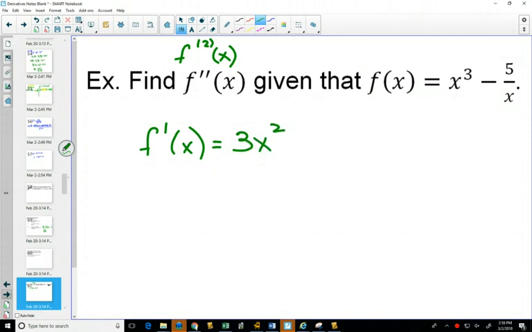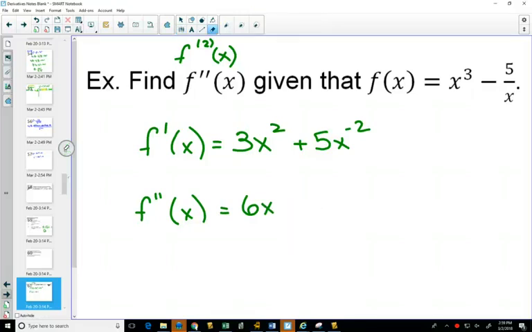So if we did our first derivative, and I change that x to an x to the negative 1, this would be our first derivative. And then our second derivative would be your second derivatives.